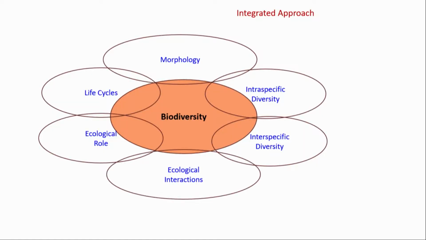Another dimension added to biodiversity is the ecological interactions. The species-specific interactions within these marine habitats, wherein most of these organisms are very closely associated with each other, also influence the biodiversity prevailing in that environment.